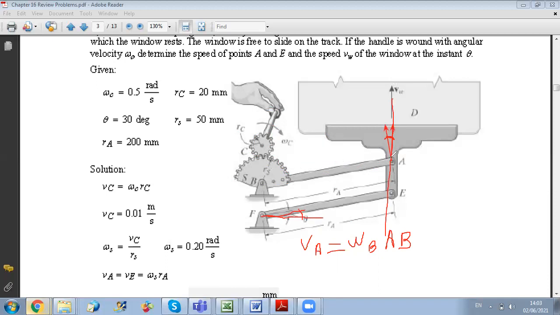So we have two lines perpendicular to these two lines, and we can deduce that this angle is equal to theta. So all we have to do now to find the velocity of the window is to multiply V_A by cosine of theta.